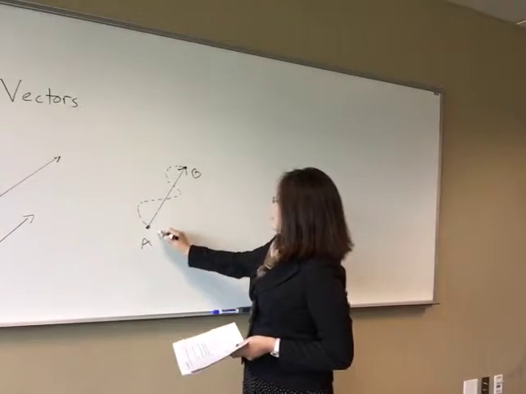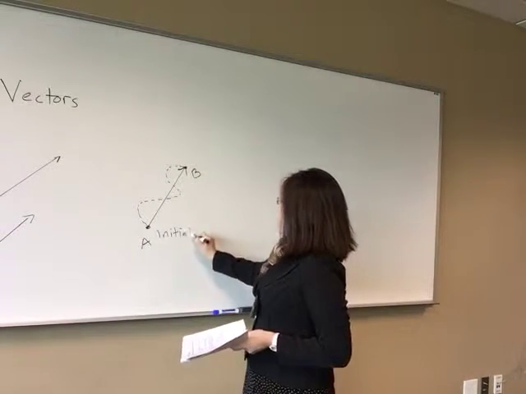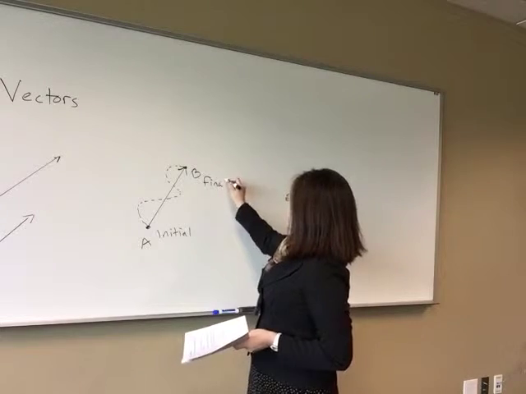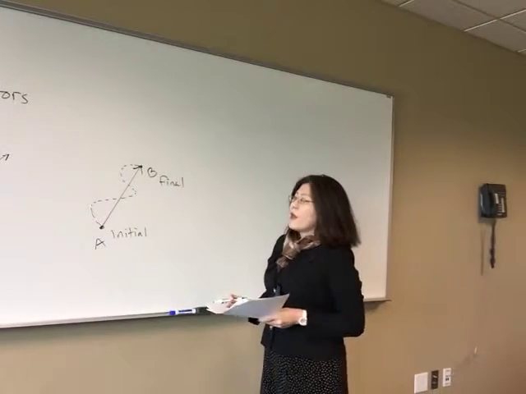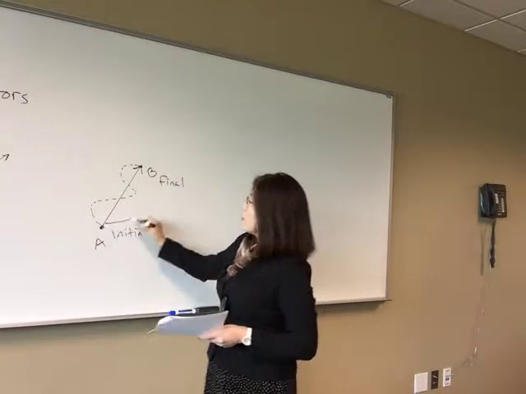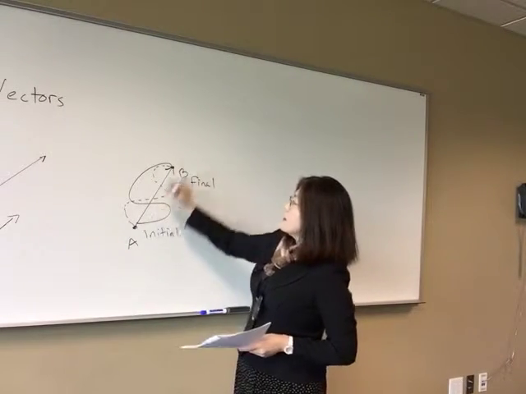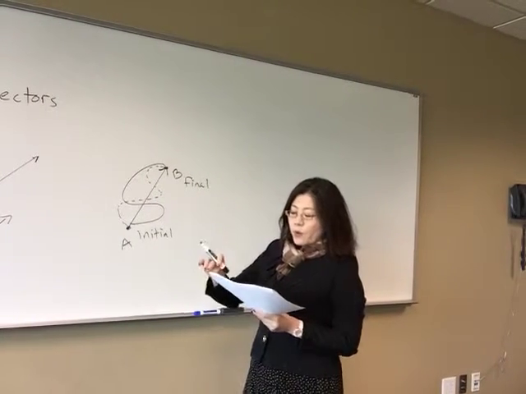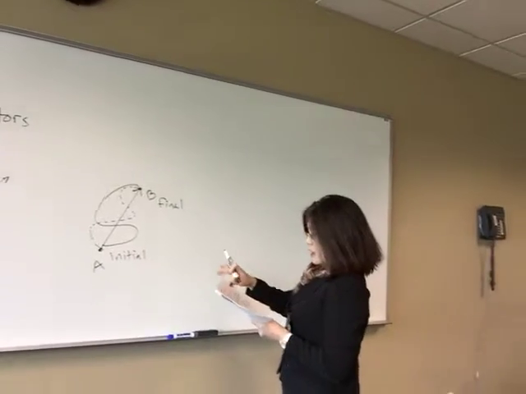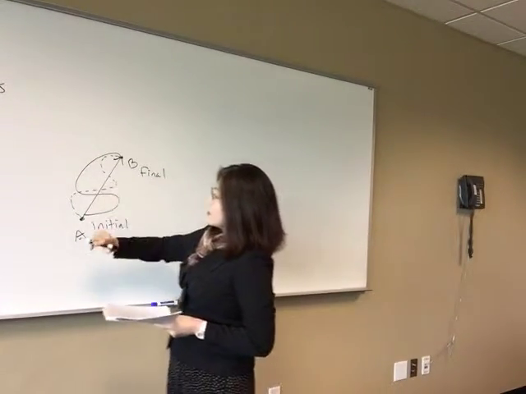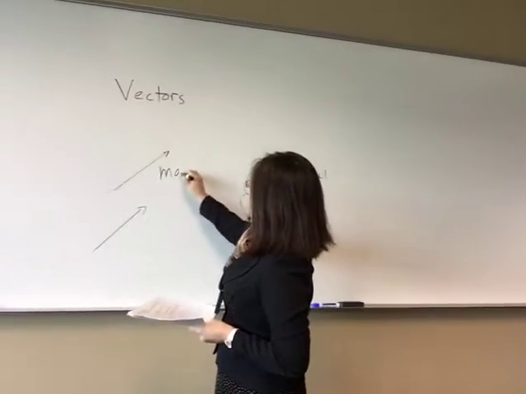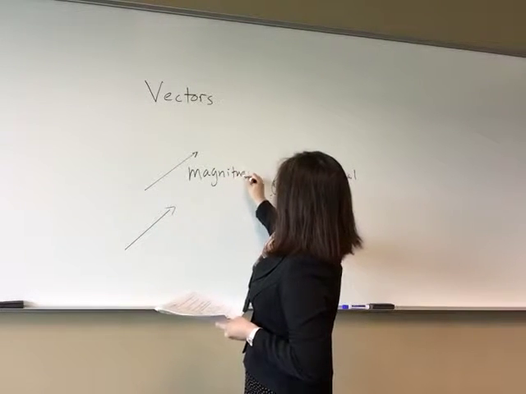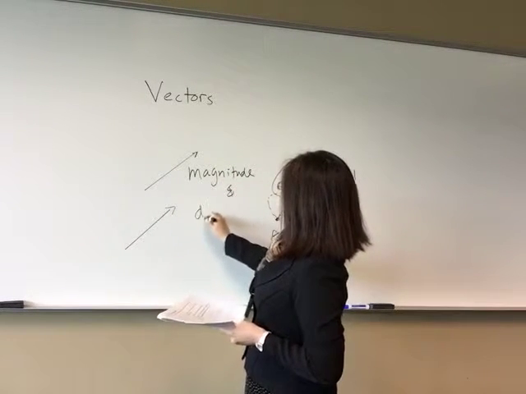Only the initial and the final point are important. It doesn't really matter how you go from here to there, as long as it has the same starting point and end point. Okay? So this is what we call vectors, which come with magnitude and direction.